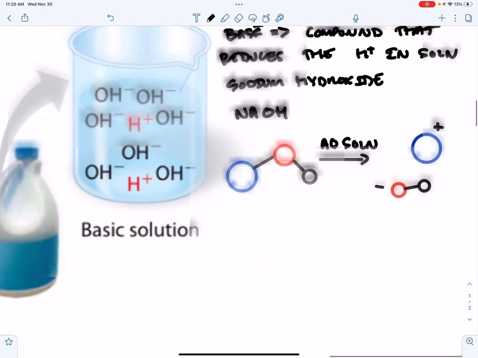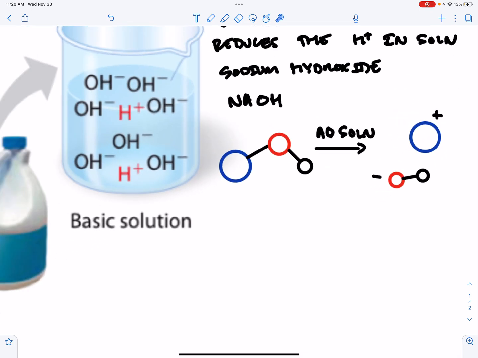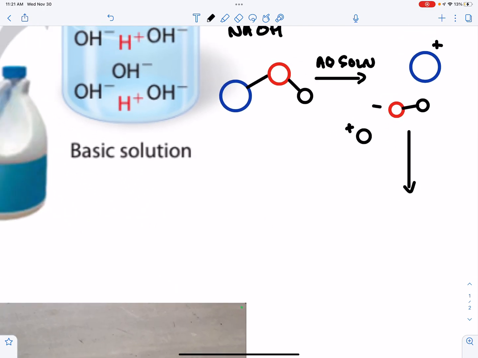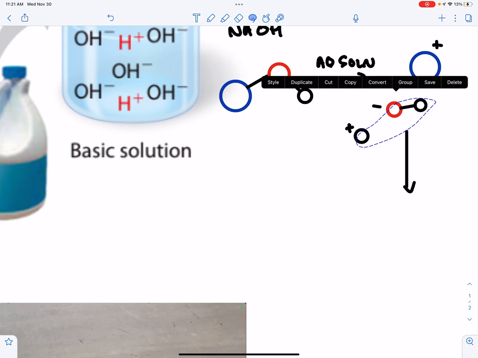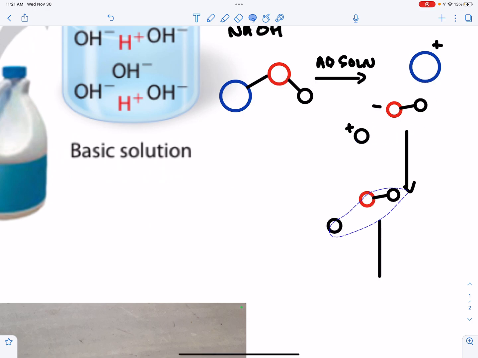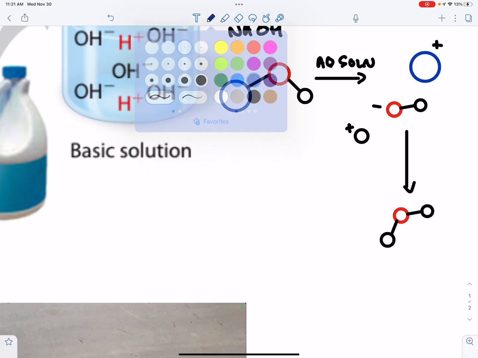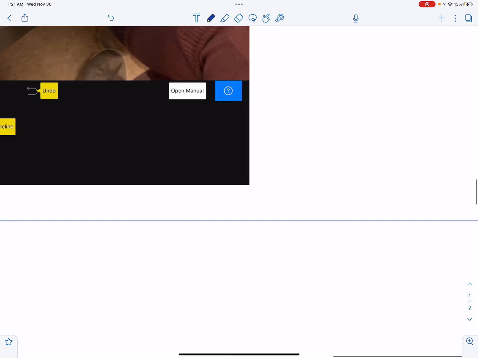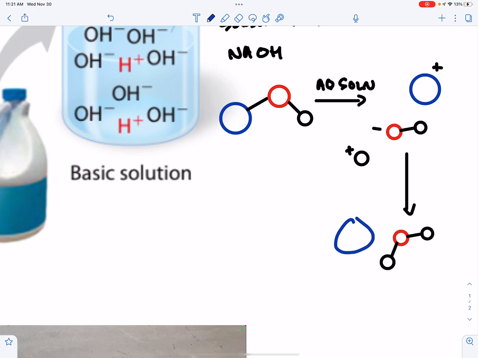But also in this solution, there is going to be some free H plus. And what happens is that this free H plus, which as you know is just a proton, just one atom of hydrogen, is going to bond with the water, and we're going to form a water molecule plus, sodium with a positive charge.